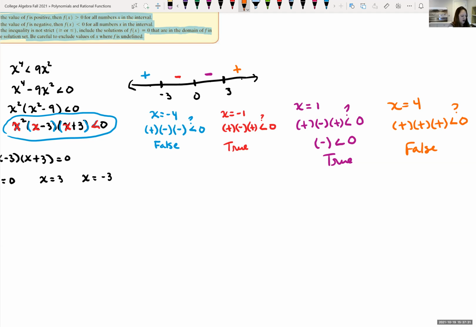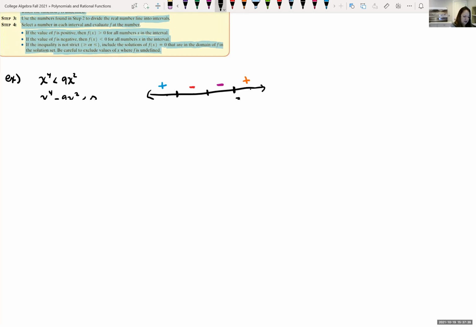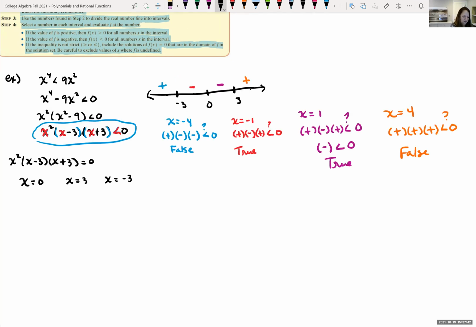So to find out where x to the fourth is less than 9x squared, we have the following values. Our solution is not including the endpoints because it's strictly less than. So parentheses -3, comma 0, parentheses union, parentheses 0 to 3 parentheses.